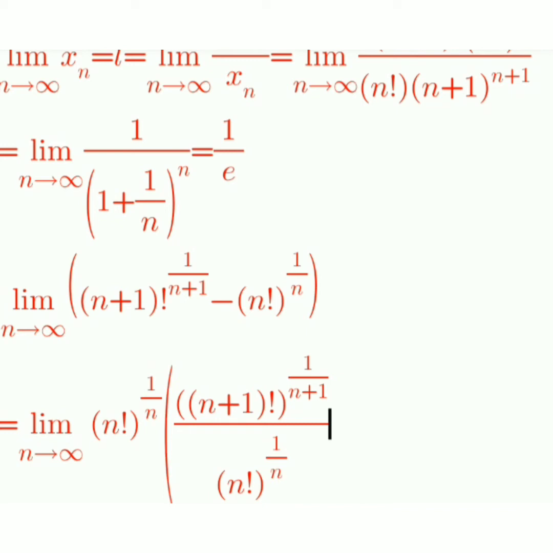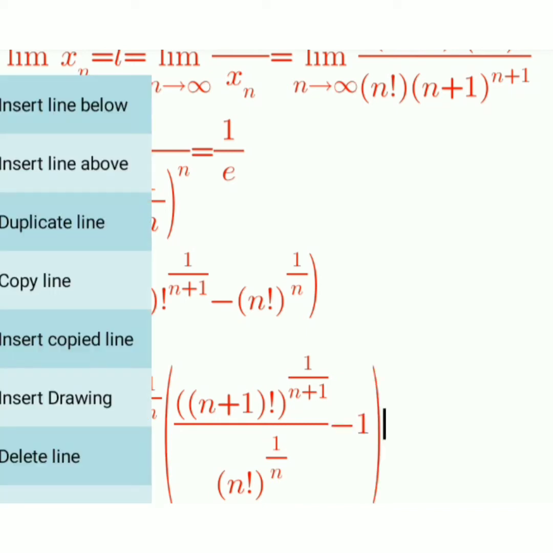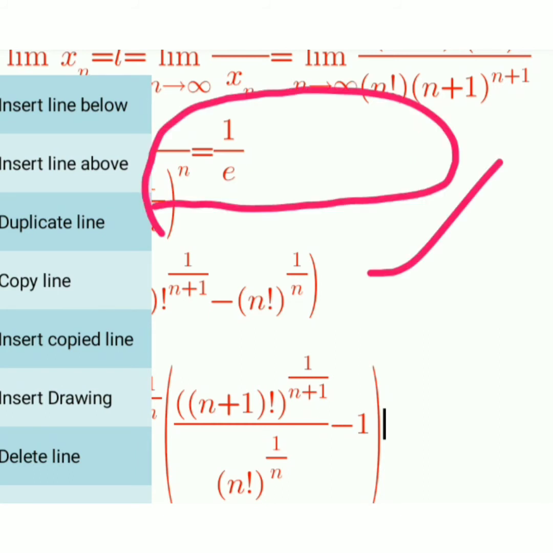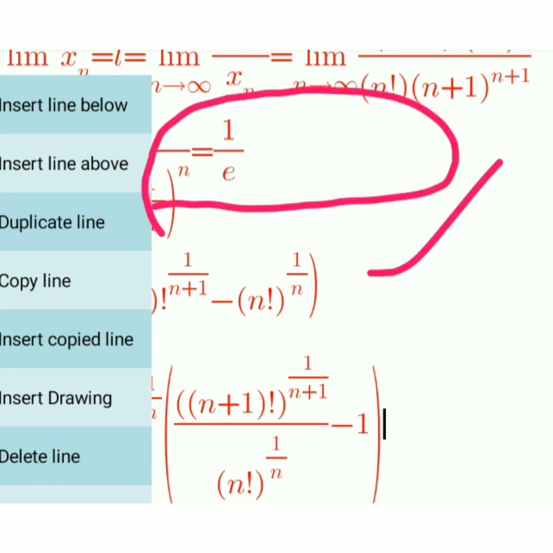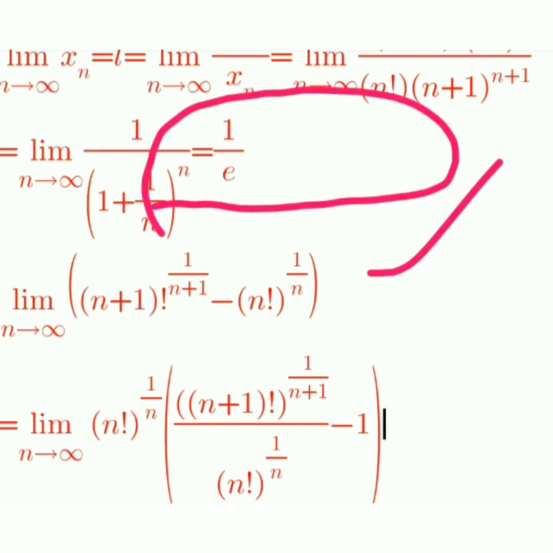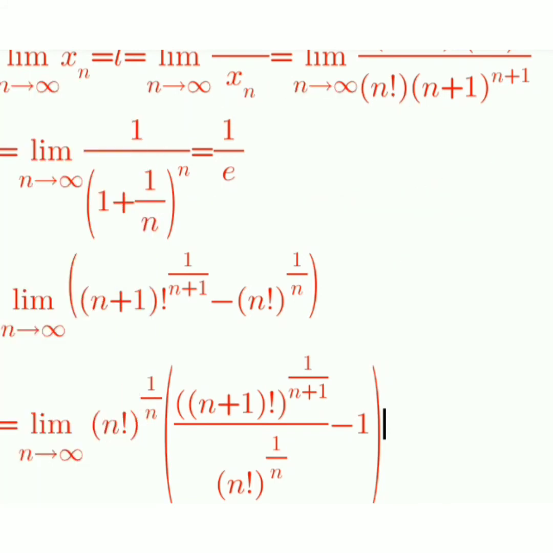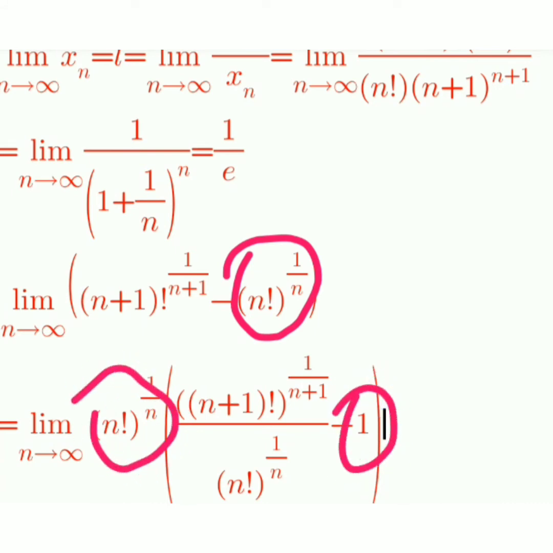It can be written the same way, because you see that, friends, in here n factorial whole to the power n, so I divided both sides, so it should be 1 and it is in the denominator side.